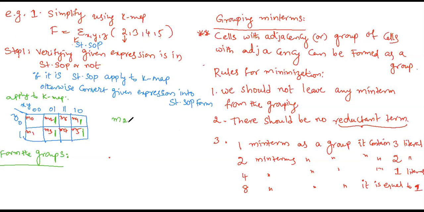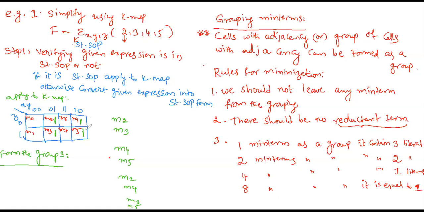M2, M3, check adjacent or not. M4, M5, check adjacent or not. M2, M4, check adjacent or not. M3, M5. Like this, we'll have the different combinations. You need to check the adjacency.